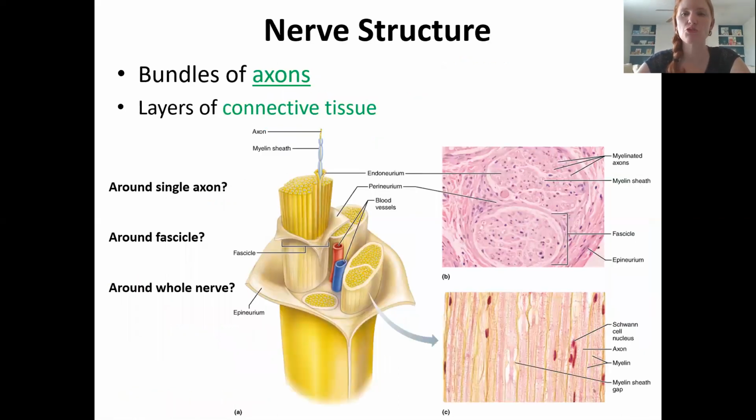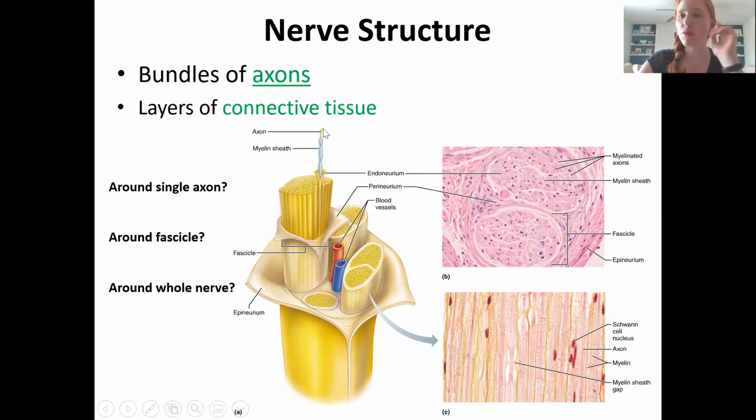So let's look at the structure of nerves. Remember, nerves do not contain cell bodies, they only contain the axons. All of the axons that are running in a particular location are going to be bundled up, and they're surrounded by connective tissue layers.